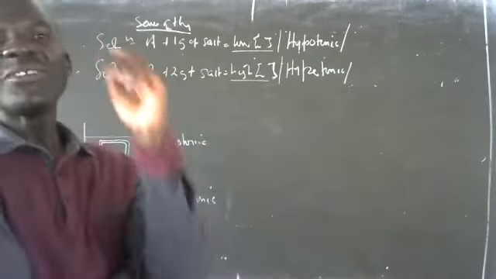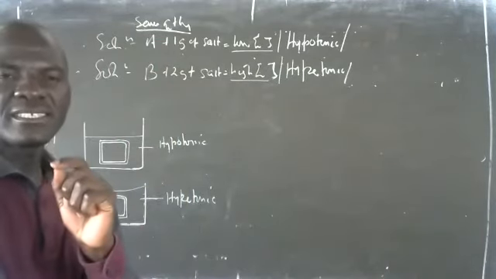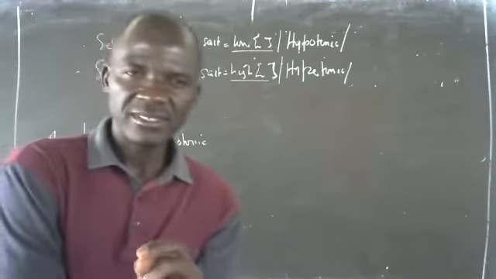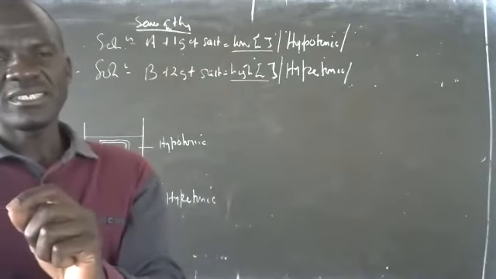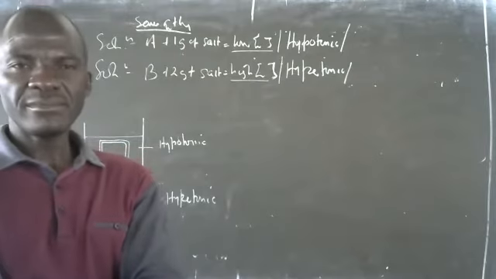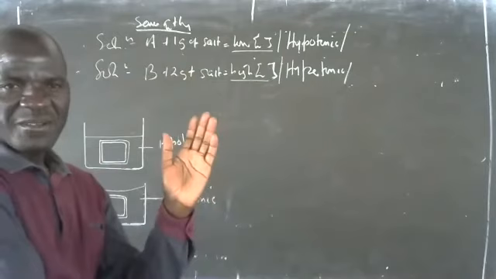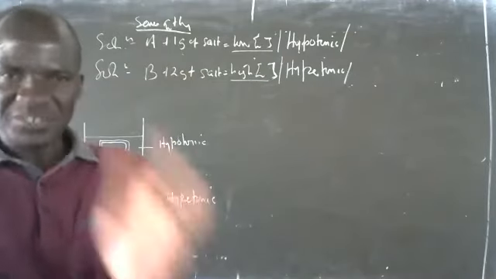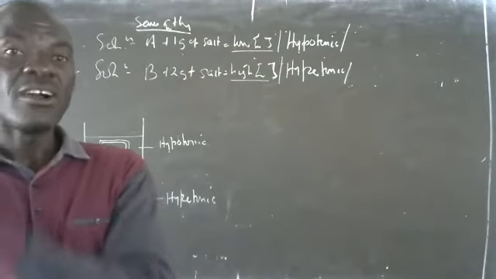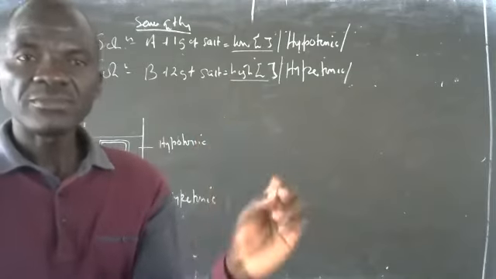Then you go back to the definition we started with, where we say osmosis is the diffusion of water molecules across a semi-permeable membrane. I told you when I say diffusion, I mean the movement of water, because osmosis is only water moving, of water molecules from where it is highly concentrated to where it's of low concentration.